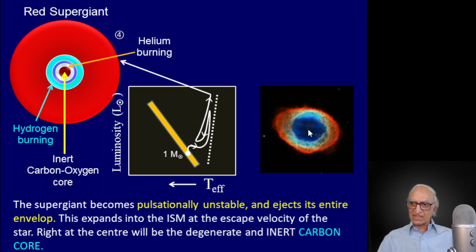And right at the center, you have an inert carbon core, which will cool. And when the fossil heat becomes sufficiently low, kT will once again become much smaller than E_F, and the star will become a white dwarf. We shall come to that story in a few lectures.